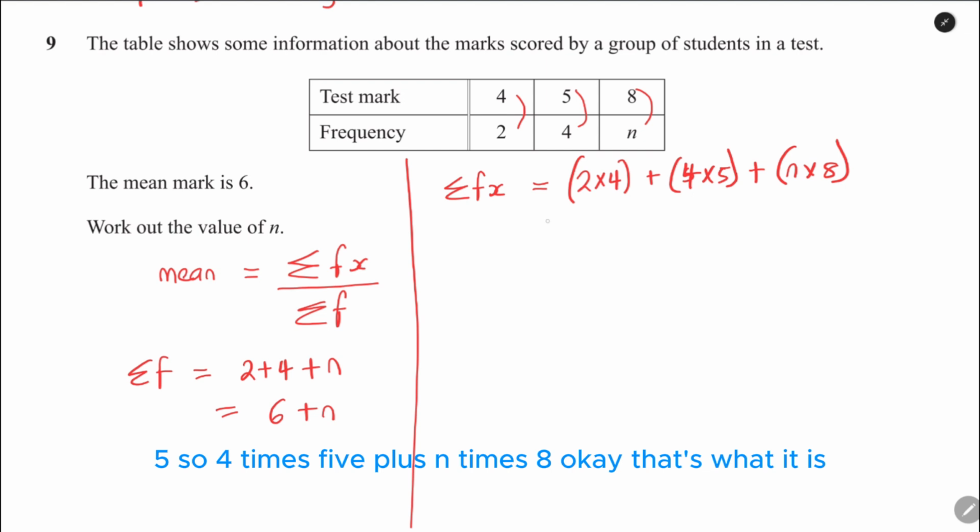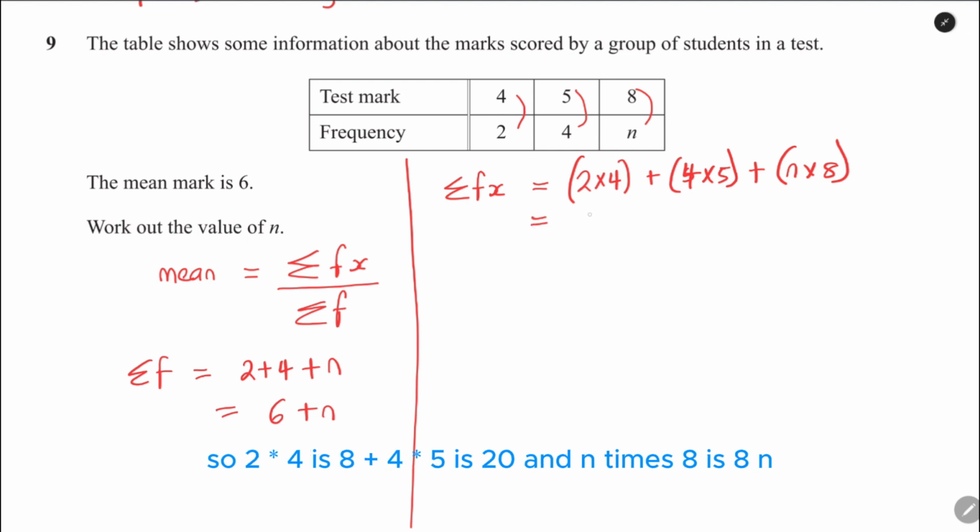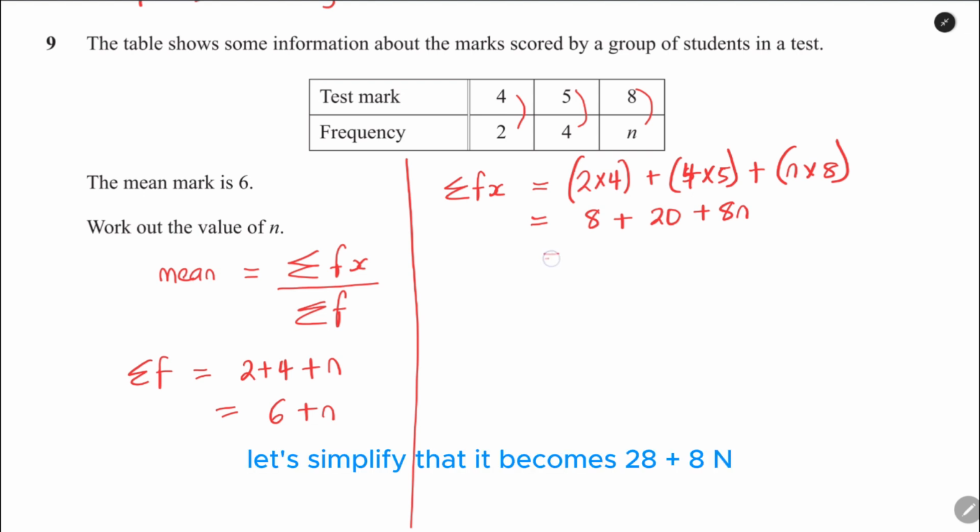Okay, that's what it is. So 2 times 4 is 8, plus 4 times 5 is 20, and n times 8 is 8n. Let's simplify that. It becomes 28 plus 8n.